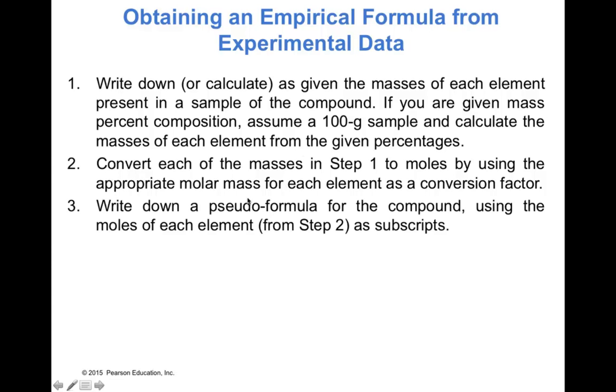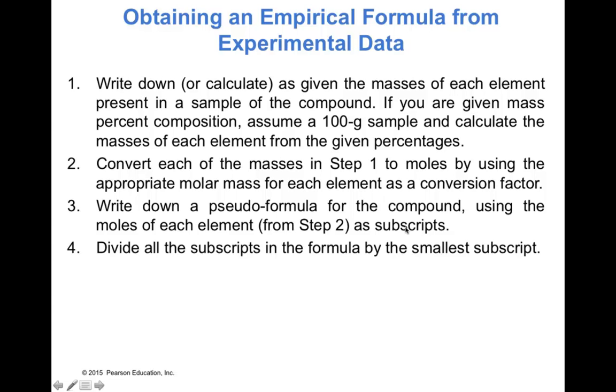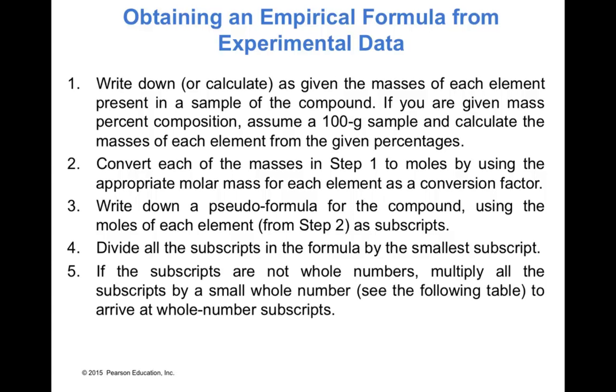Then you can write a pseudo formula for the compound using the moles of each element as a subscript. And then you need to divide all the subscripts in the formula by the smallest subscript. If the subscripts are not whole numbers, multiply all the subscripts by a small whole number, as I'm going to show in the next slide table, to arrive at whole number subscripts.